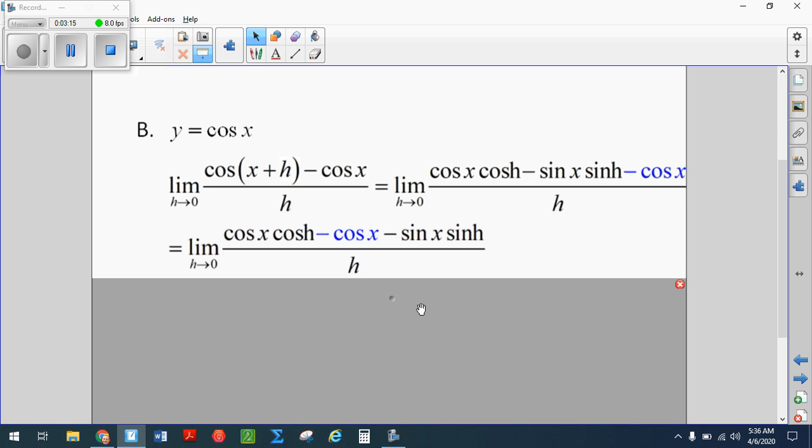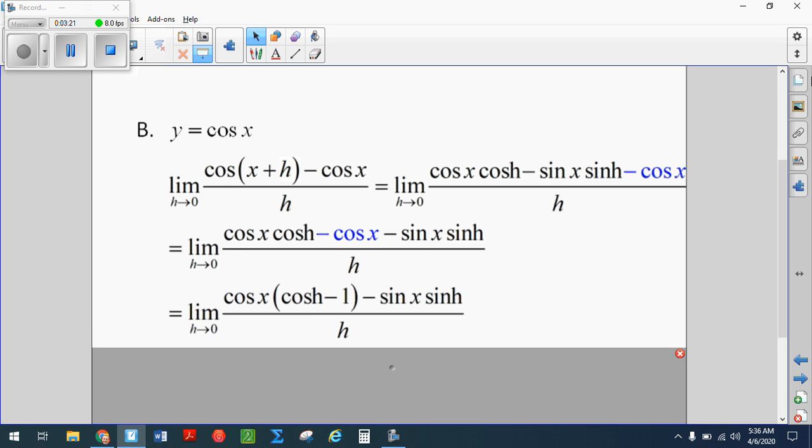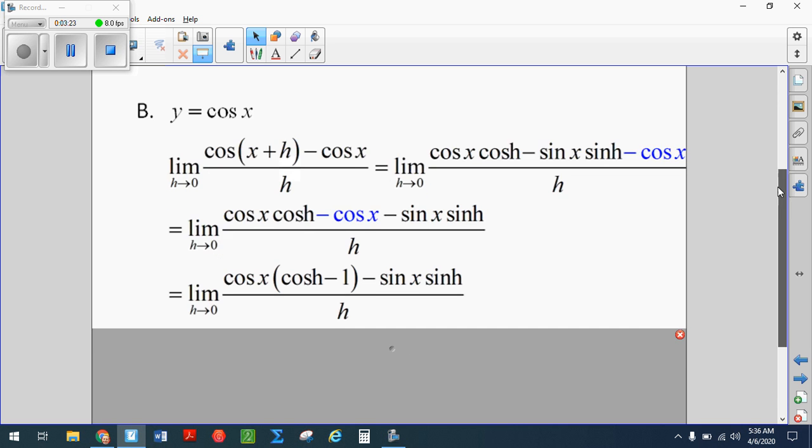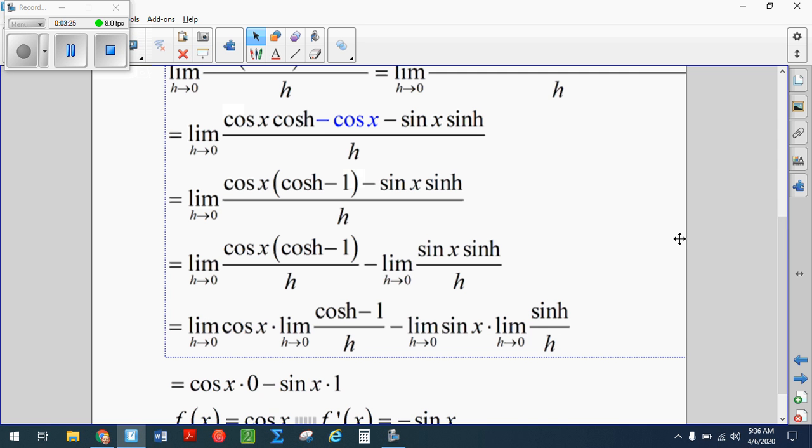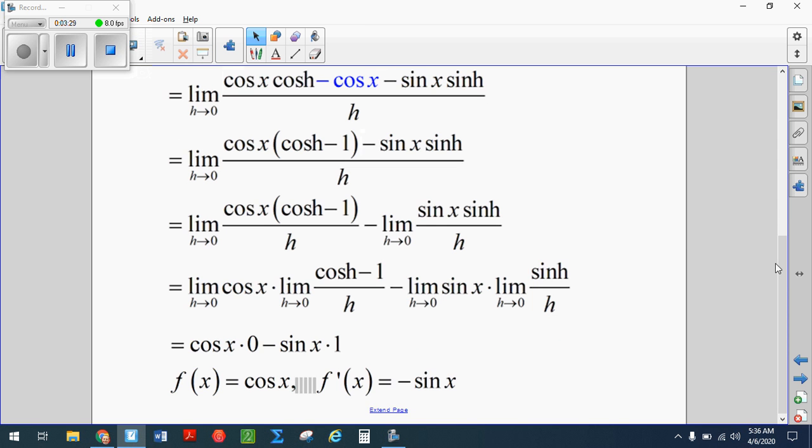I kept it in blue to make it easier to see, like all I'm doing is rearranging there. Factor out the cosine x. Same thing I did in the last one, split up the parentheses. And if you need me to go back through that with you one-on-one, just let me know during one of the chats, and I'll definitely do that. But the derivative of cosine x is negative sine x.